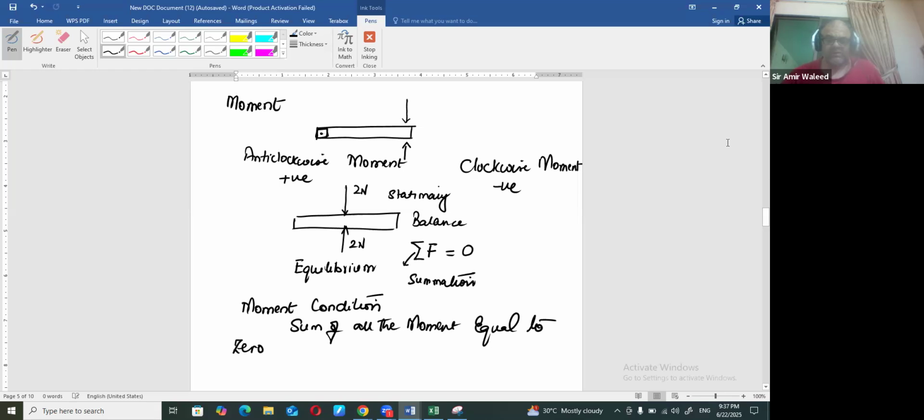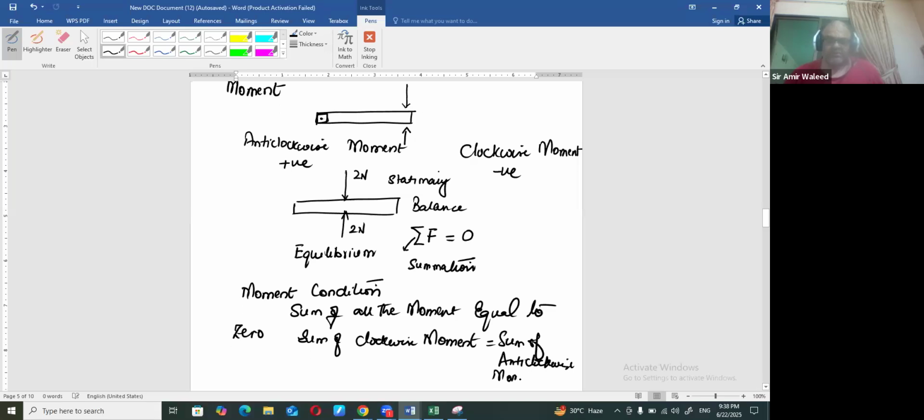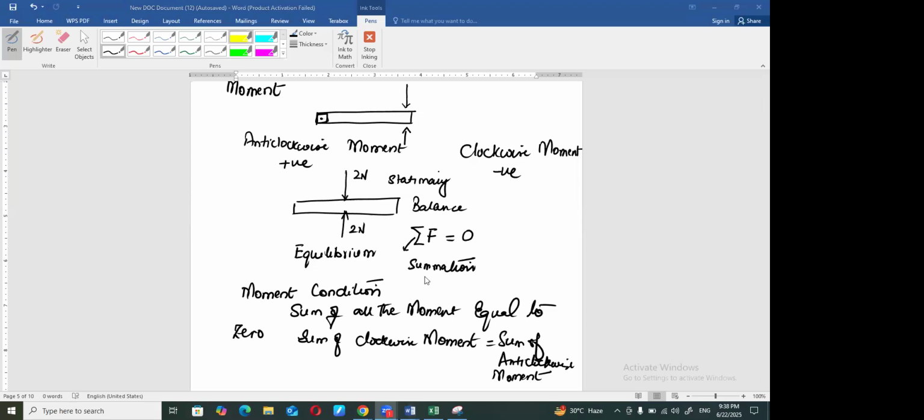What it means is that the sum of clockwise moments is equal to the sum of anti-clockwise moments. It simply means that if the clockwise and anti-clockwise moments are equal to each other, we call that the moment condition.